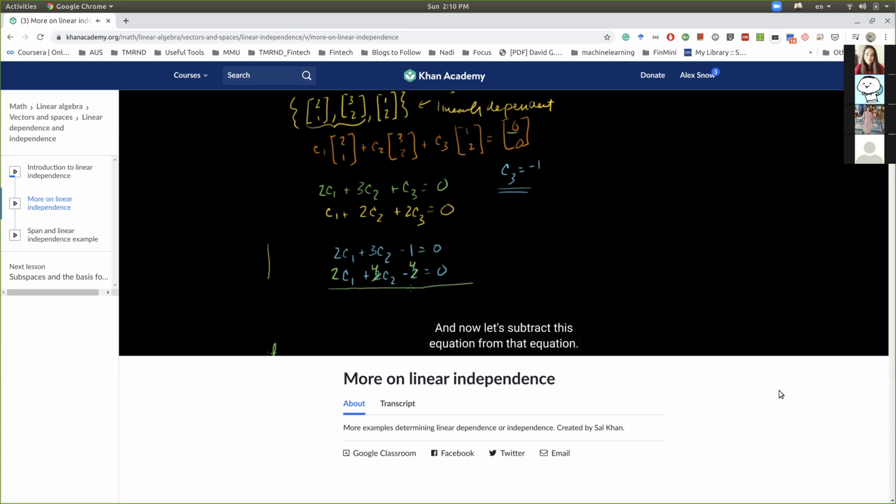And now let's subtract this equation from that equation. So the C1s cancel out. 3C2 minus 4C2 is minus C2. And then minus 1 minus minus 4. So that's minus 1 plus 4. That's plus 3 is equal to 0. Let me make sure I got that right.